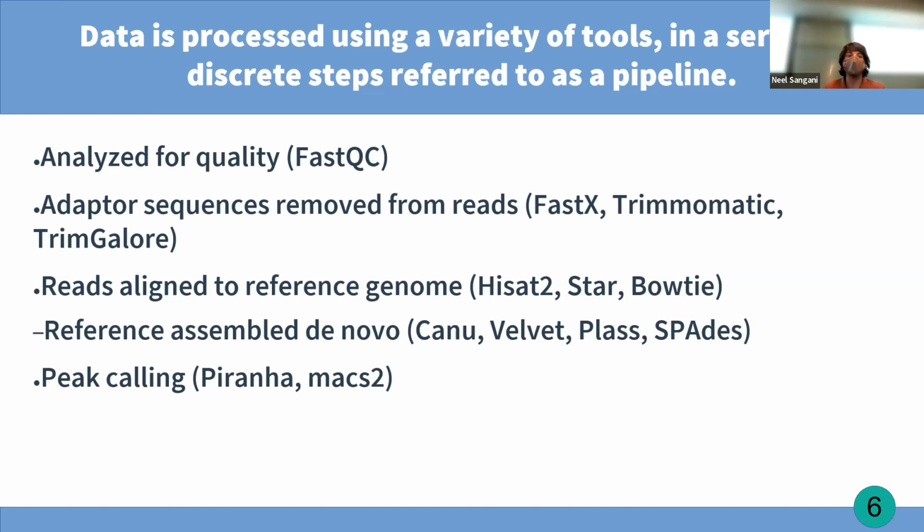But suppose you were ever in an instance where you didn't have a reference genome and you were assembling it yourself, then there are a couple of assemblers that you can use. Canu, Velvet, Plass, or SPAdes are all tools that are either relatively new or are still receiving updates.